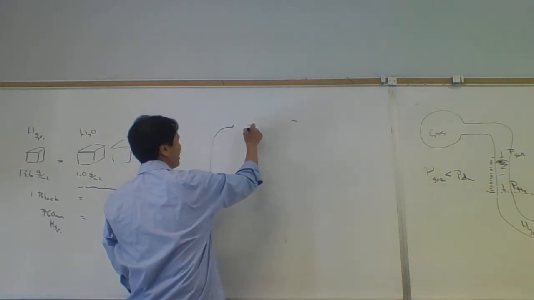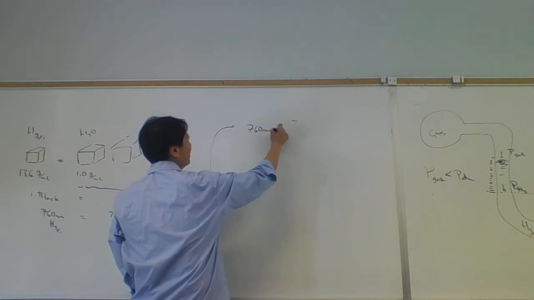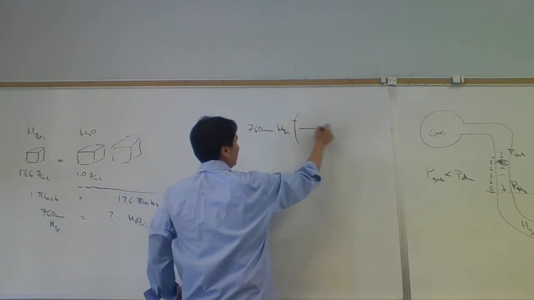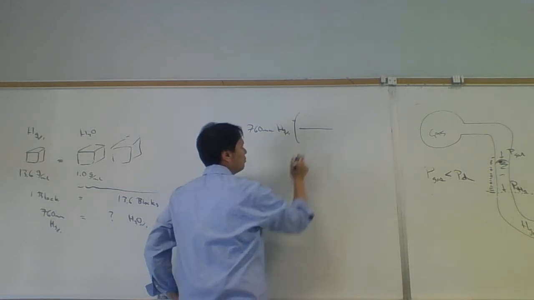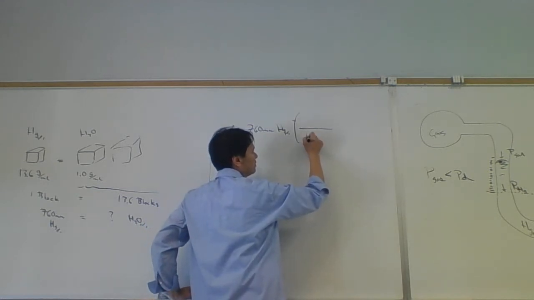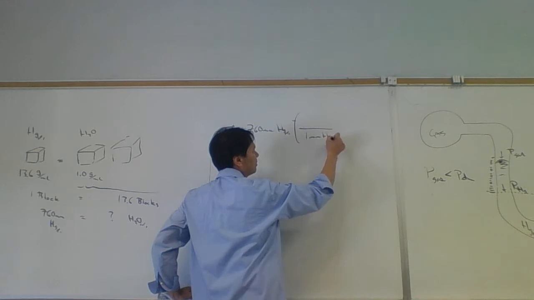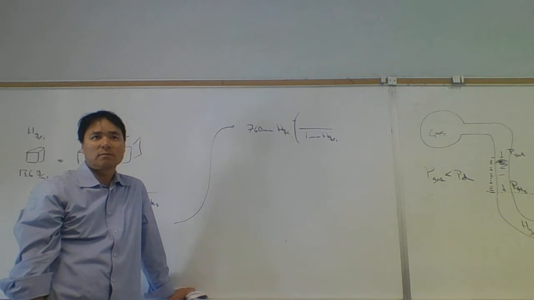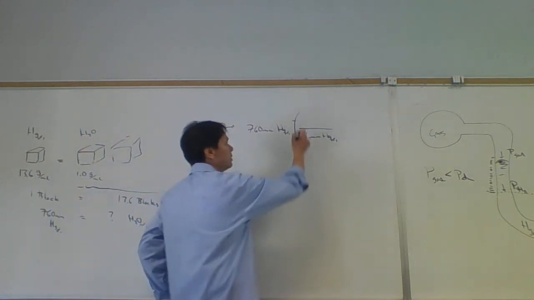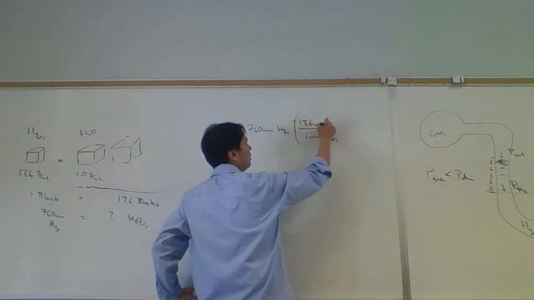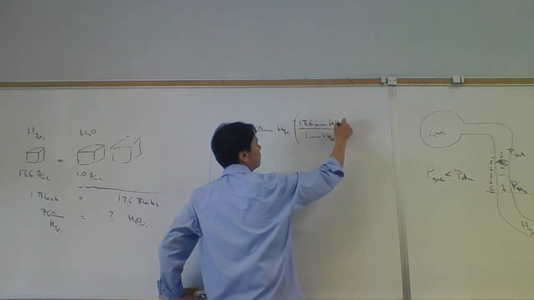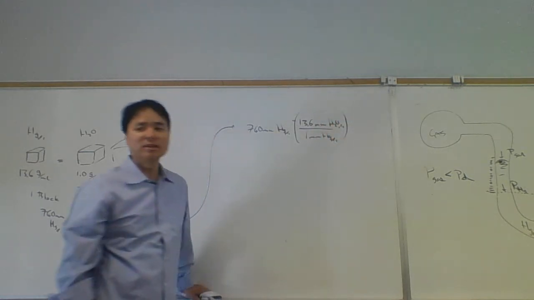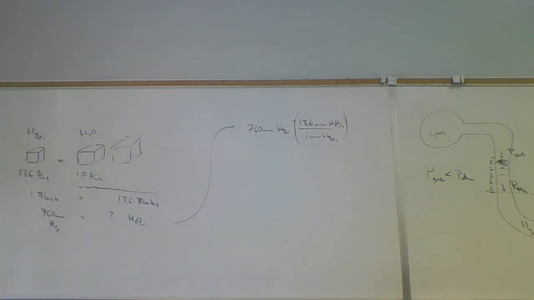So using some dimensional analysis, 760 millimeters of mercury, and then I need this. For every 1 millimeter of liquid mercury, how many units of water am I going to need? I'm going to need 13.6 to give an equivalent. And so for every millimeter of mercury, I'll need 13.6 times that, because water is 13.6 times less dense. It weighs a lot less.